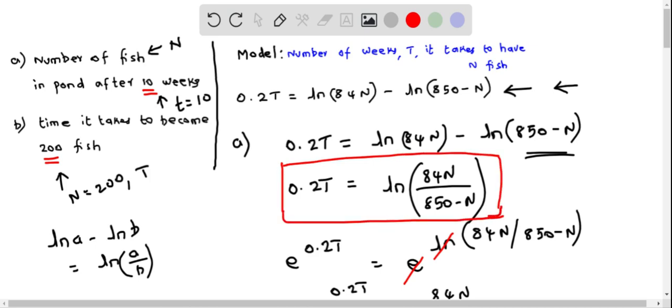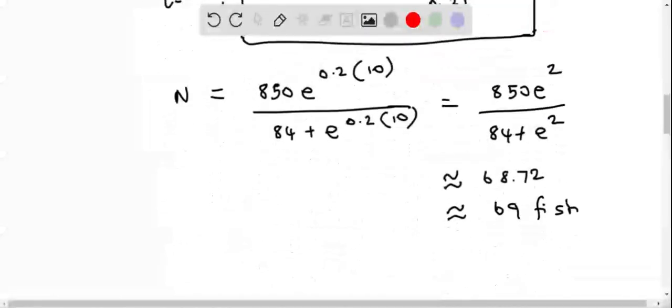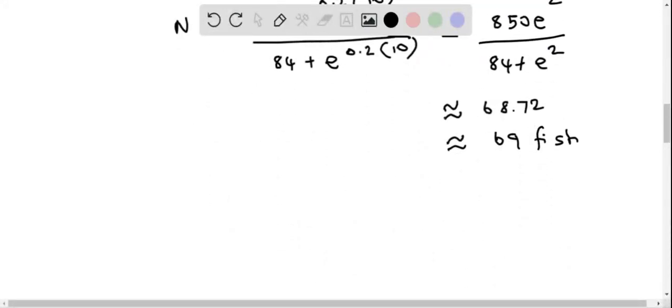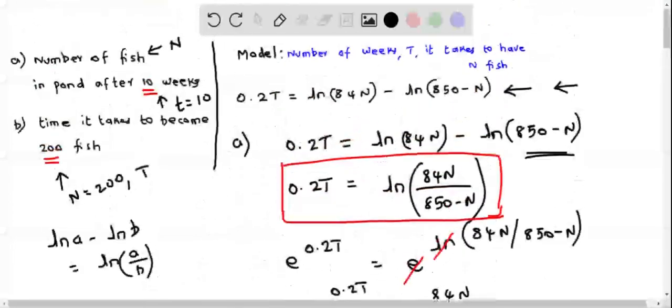In fact, I can also divide by 0.2 so that I have t by itself. So let me copy this first. That is 0.2t equals the natural logarithm of 84n over 850 minus n. Let me just confirm it. It is 84n. We have 0.2t equals the natural logarithm of 84n over 850 minus n.